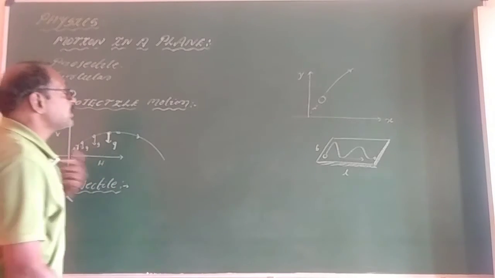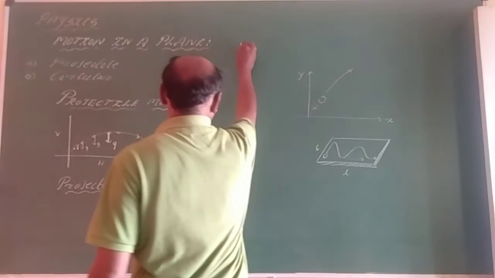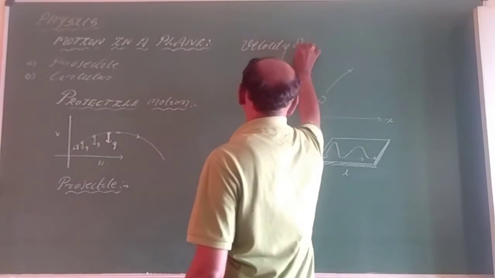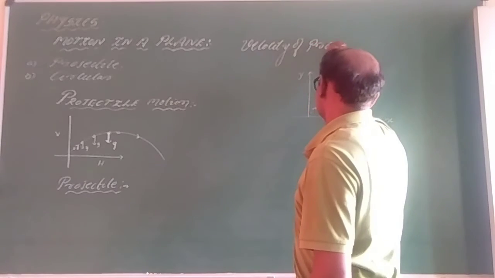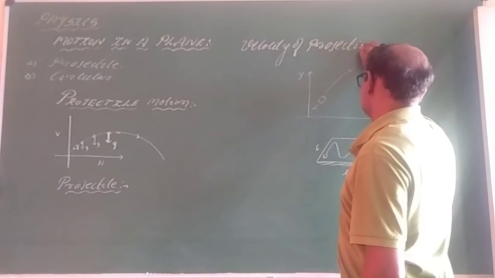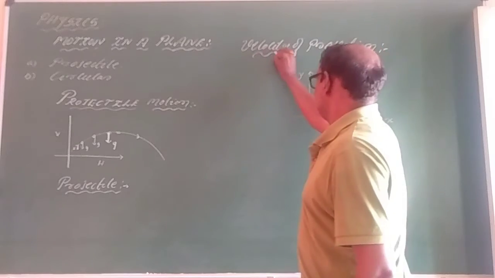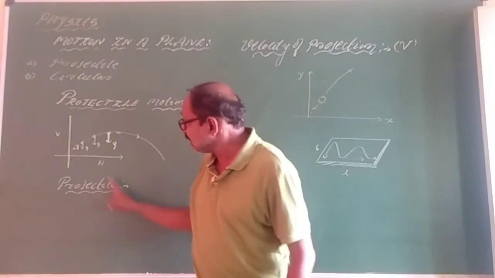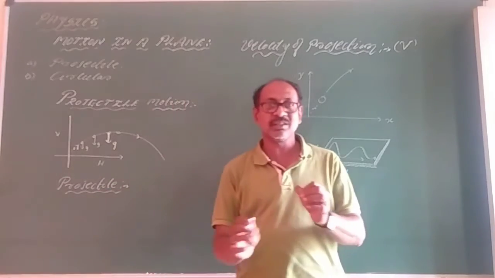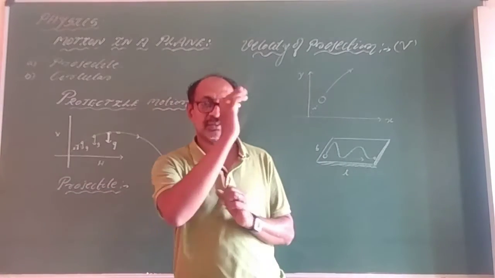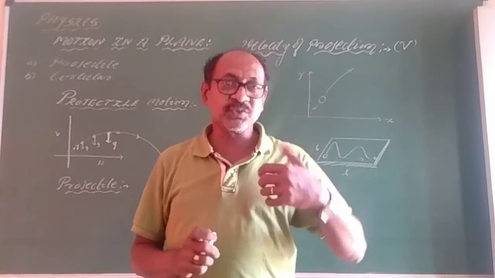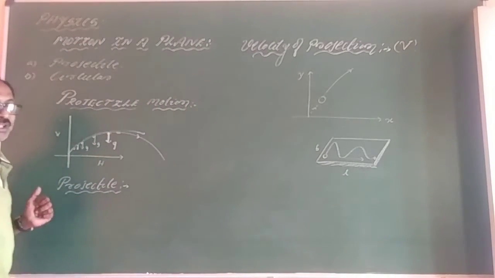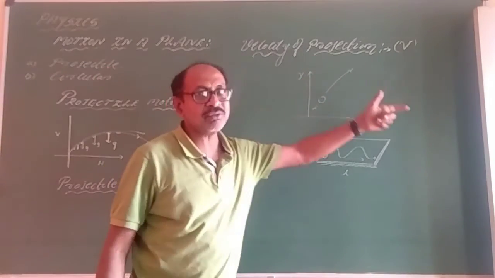Then what is the meaning of velocity of projection? We have another term called velocity of projection. The velocity of projection is the velocity with which the projectile is projected. The velocity of this body is termed the velocity of projection.